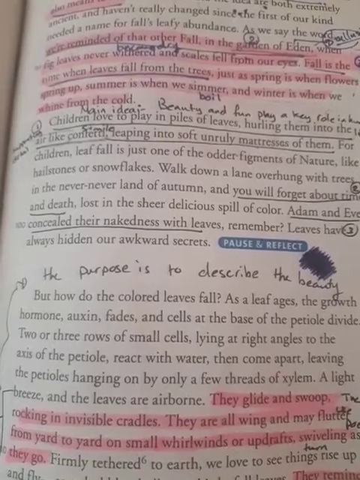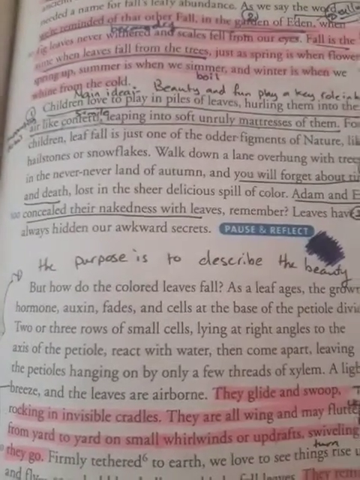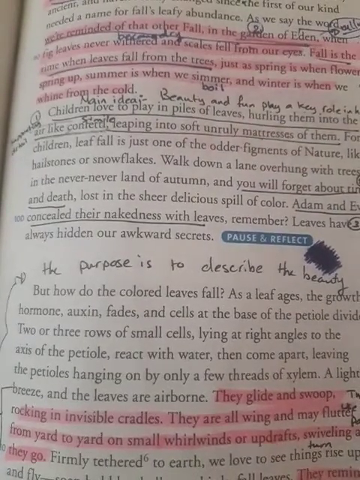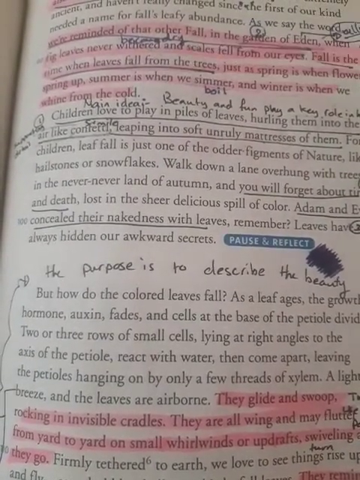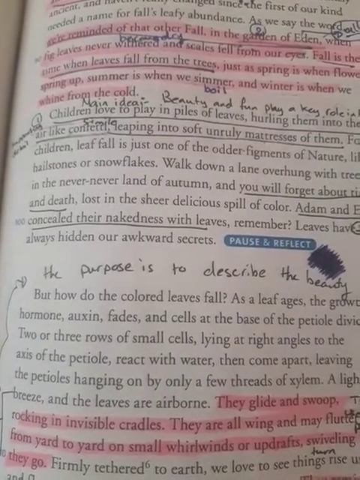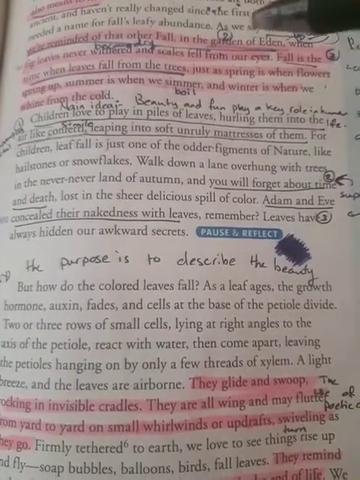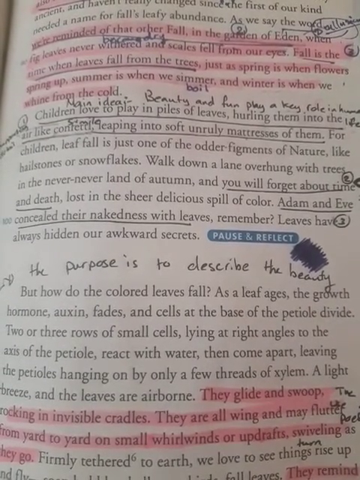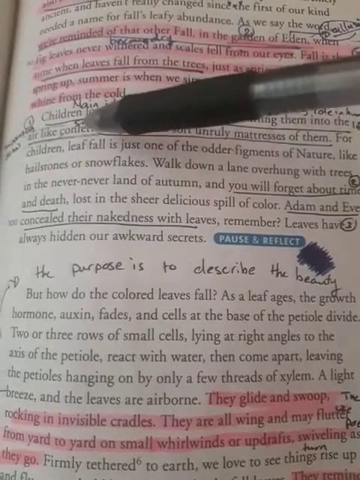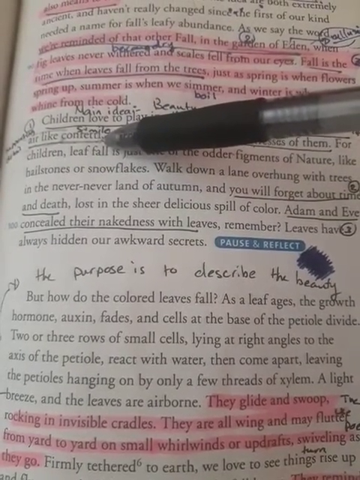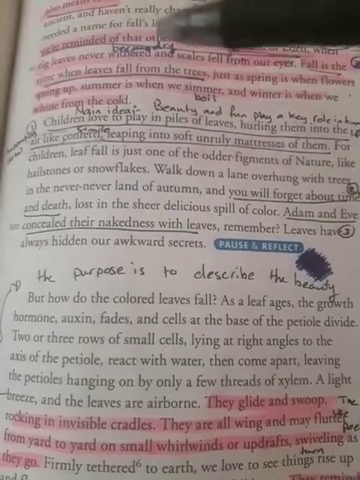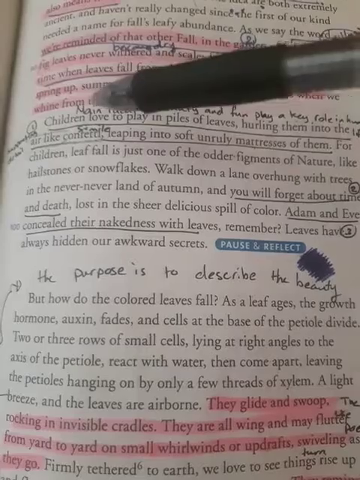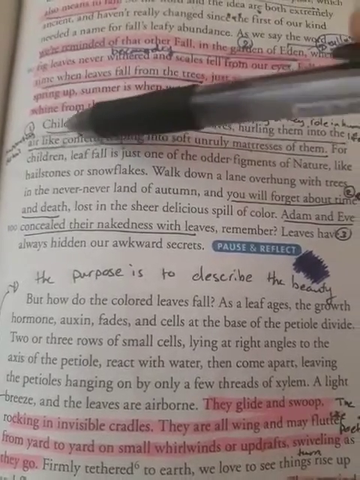Okay, so again, you have to know this is the first supporting detail that she describes how children love to play in leaves, and you have to know that she compares the hurling leaves into the air like confetti, and you have to know that confetti means small pieces of colored paper. So she compares hurling leaves to confetti. So you have to write here simile.